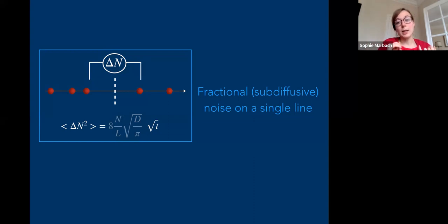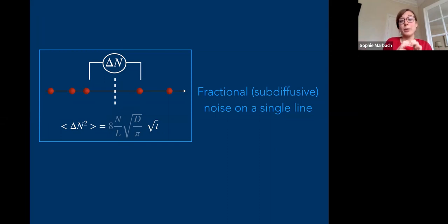But what's interesting is that here I took a specific thing, which was delta n, the number difference between the right and the left. But actually, I could have taken any kind of other region of space. So say a box in the middle, a long box, a short box, two boxes, and measured how many particles were in that box, or other kinds of operators that were differences of numbers.